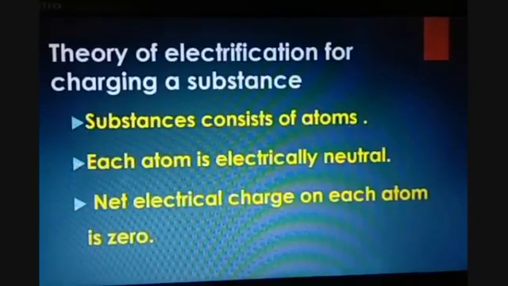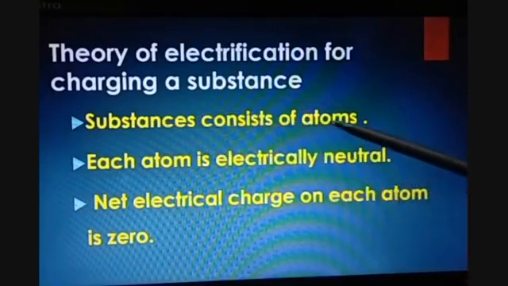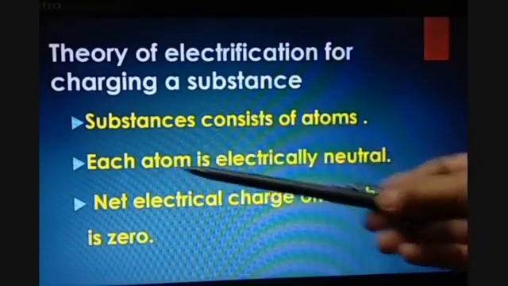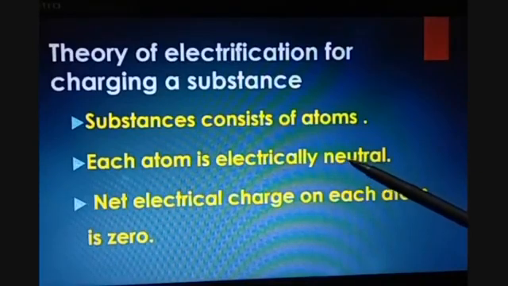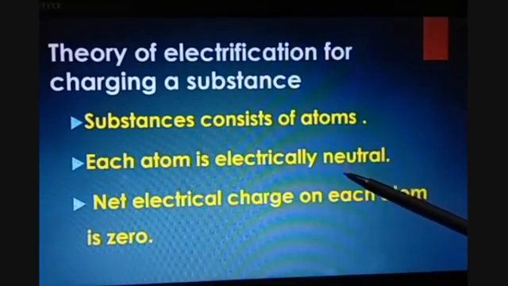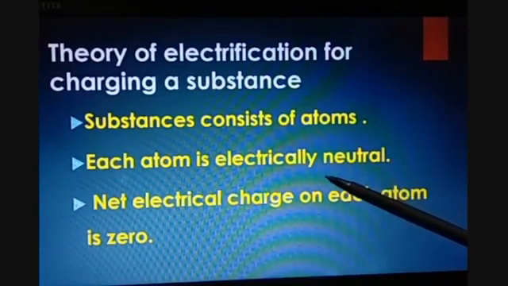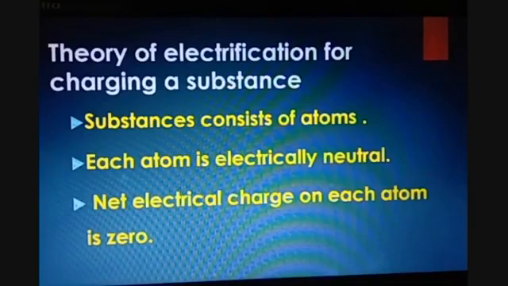Now, what is the theory of electrification or charging a substance? Substances consist of atoms and each atom is electrically neutral. As we know, in a nucleus of atom, we have protons and neutrons. And around the nucleus we have electrical charge, that is negative charge.